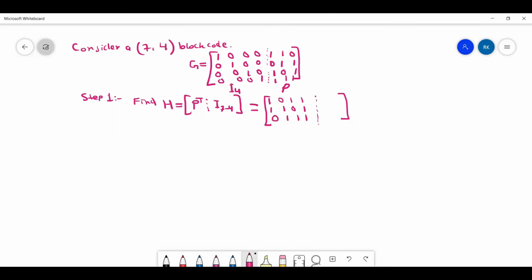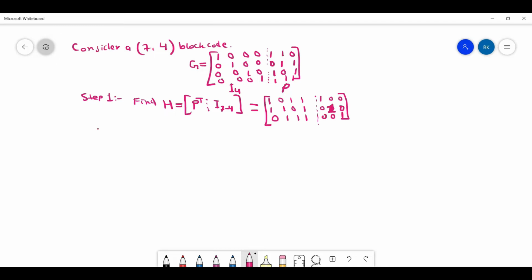Okay, after that we are going to have an identity matrix of size 3. Sorry, it has to be 0, 1, 0 and 0, 0, 1. So we have this complete H, or the parity check matrix.